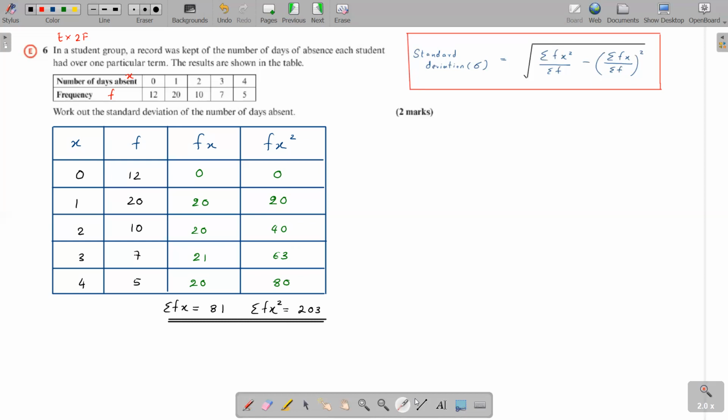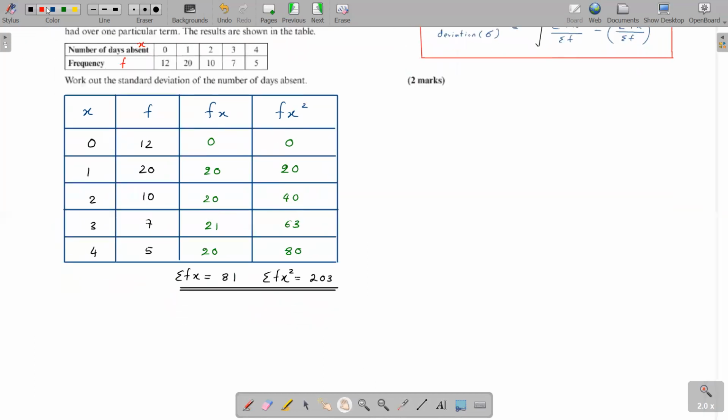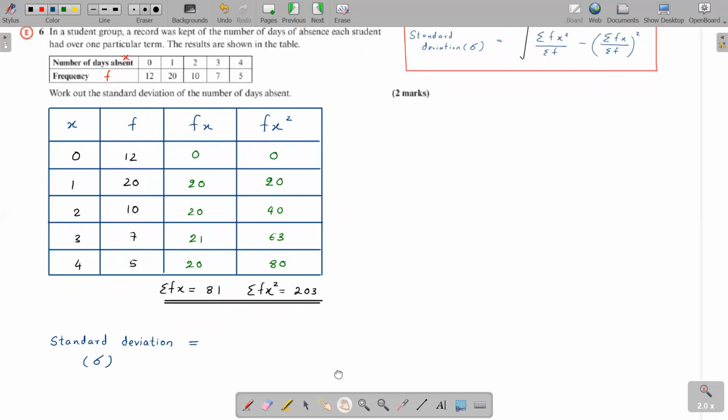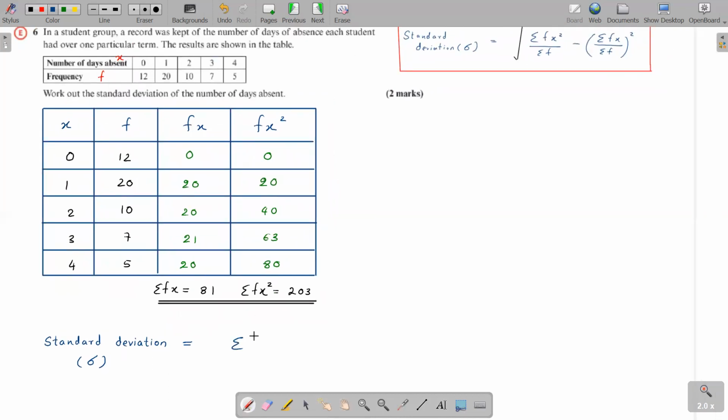And then let's now apply the standard deviation equation. So standard deviation, that's going to be, write the equation always. Okay, so write the equation, it makes you practice it better also.